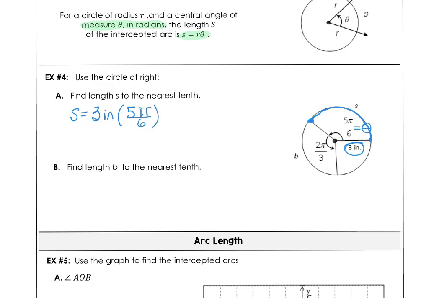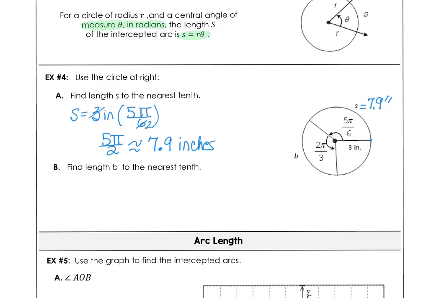Then we have 15 pi over 6, or 5 pi over 2 inches. And if you convert that with our calculator to the nearest tenth, we're going to find 7.85, so roughly 7.9 inches for the measure of that intercepted arc, 7.9 inches. Can go back and erase this.